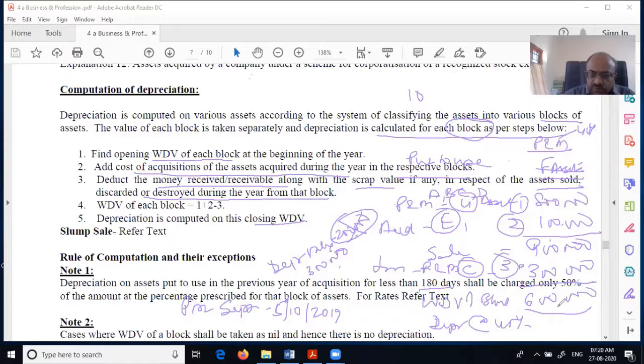So out of the 6 lakhs WDV, you have to split it into two parts. One is 5 lakhs, from the opening WDV, that will be at 40%. Whereas the 1 lakh which you have purchased is used for less than 180 days, therefore only 20% depreciation will be available.